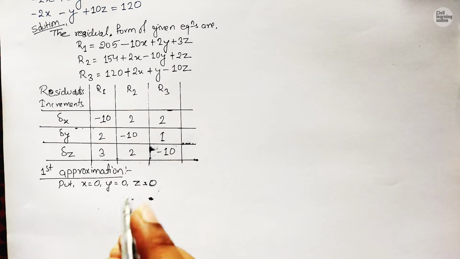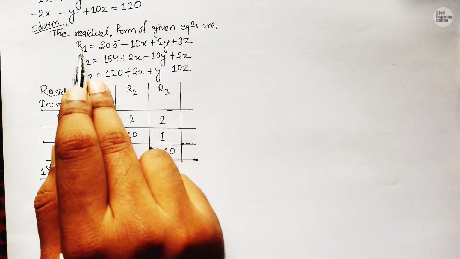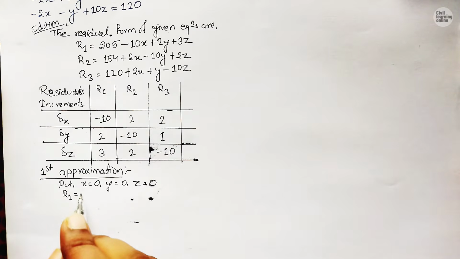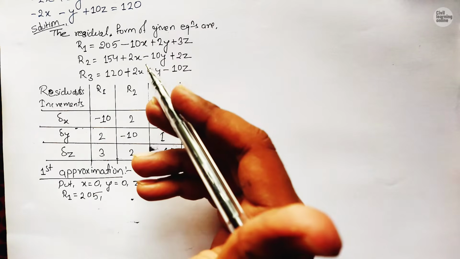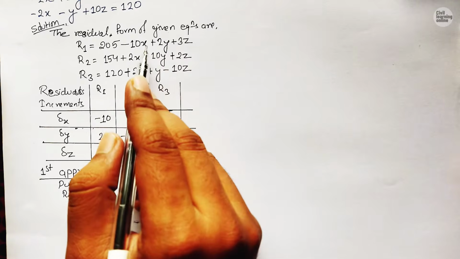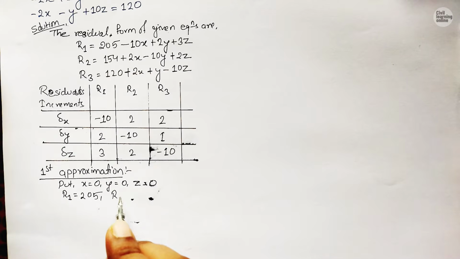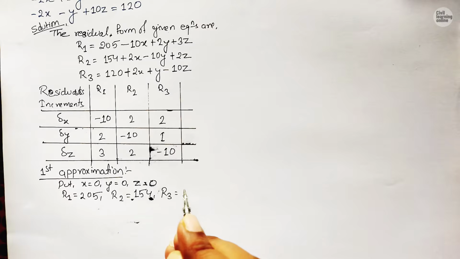So from here on putting x equals to 0, y equals to 0, z equals to 0, we will get the value of r1 from equation 1, and value of r1 will be 205, because all the other terms will get 0, because on multiplying any number with 0 they get converted to 0. Now value of r2 will be 154 and value of r3 will be 120.